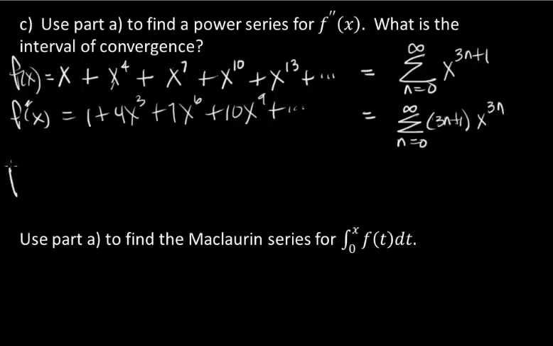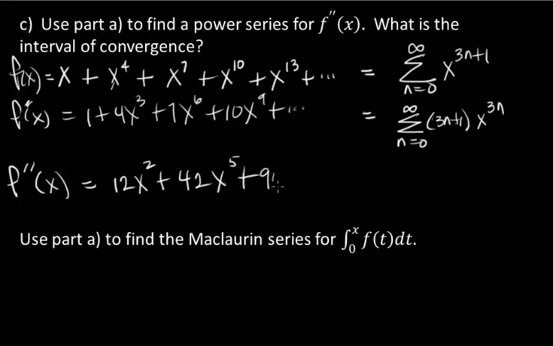And now our answer will be f double prime of x is, this time the first term drops out. We have 12x squared plus 42x to the 5th plus 90x to the 8th, and so on. Or, writing it in this notation, this time the first term drops off, because when n is 0 you have a constant.